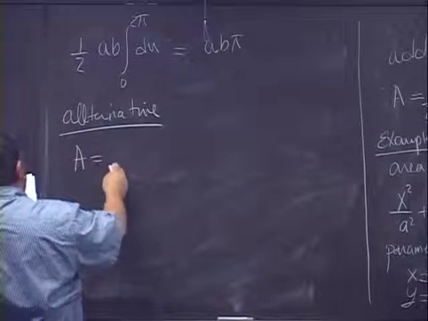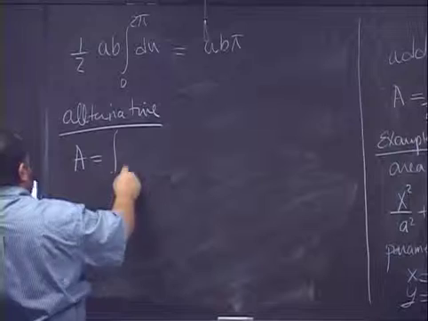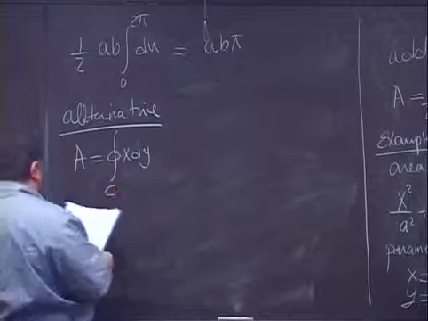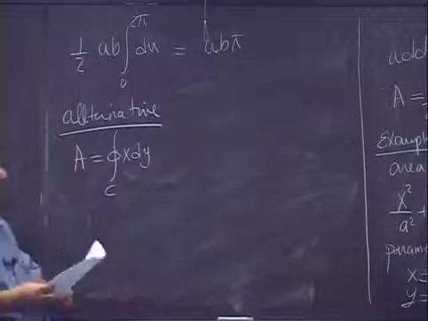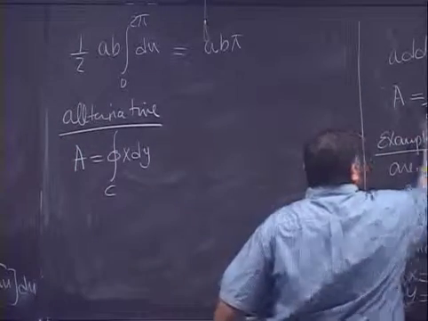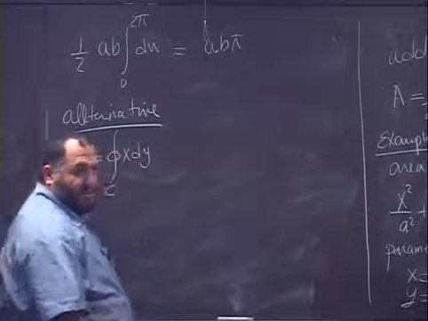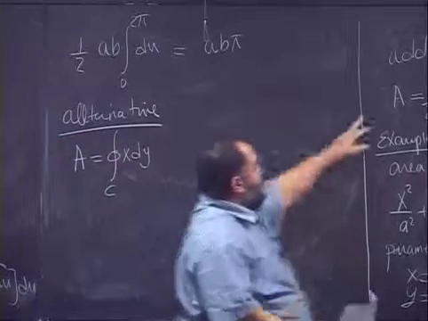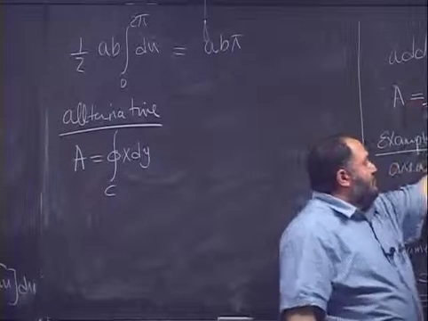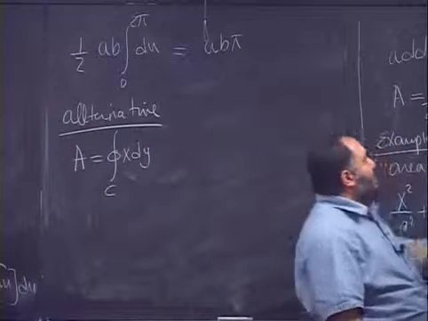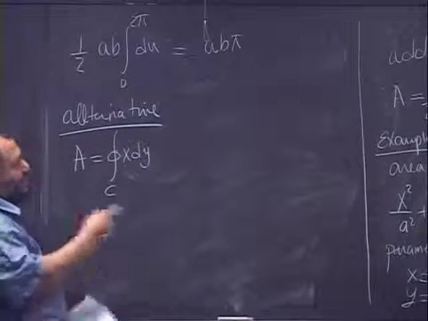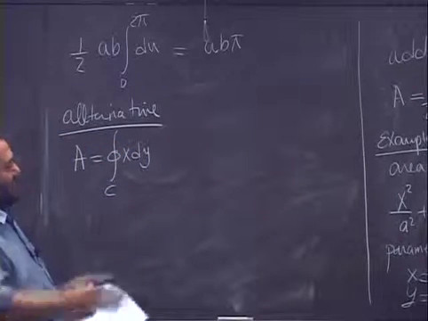Area equals the integral of x dy over the contour, as you remember. Yes guys? So instead of 1/2, we'll use this one only. Because the area was equal to the contour integration over this, and the area was equal to the contour integration over this, and when we add them together, it gives 2 times area equal to this integration, so we divide by 2.